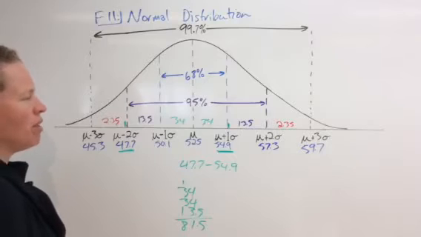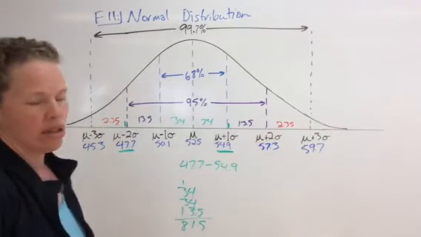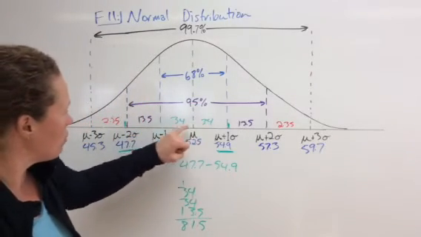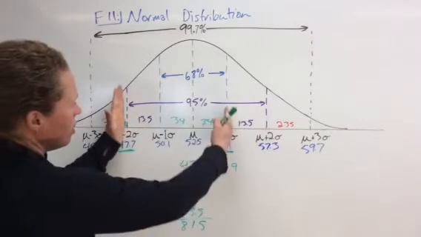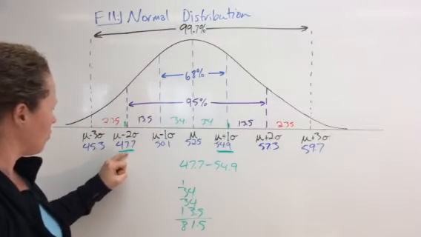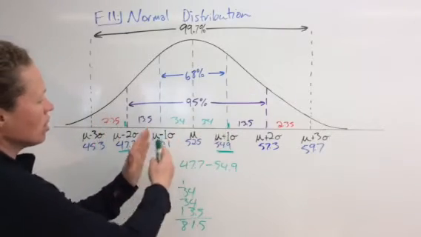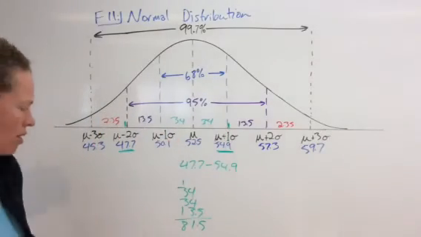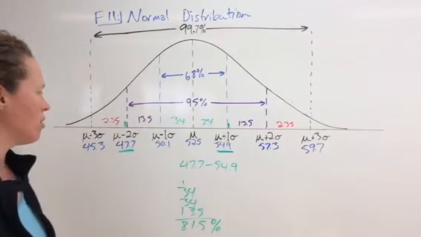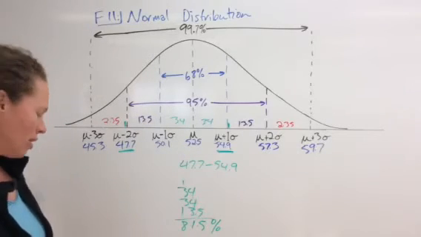If you really wanted to be a geek, you could ask whether that falls into the rest, but you don't have to. We know where our boundaries are because they chose 54.9 and 47.7 as their numbers. So they set the boundaries, and then we just look at what's in there. And it turns out that 81.5% of all the dogs are going to weigh between 47.7 and 54.9 kilograms.